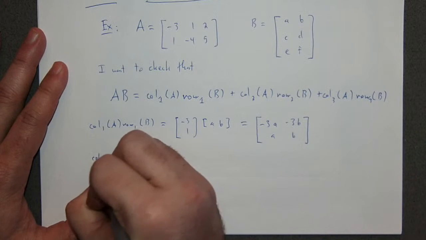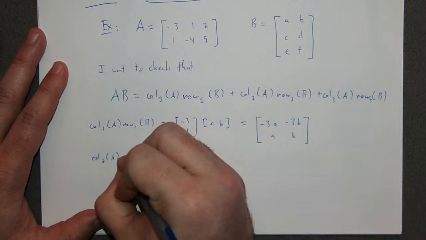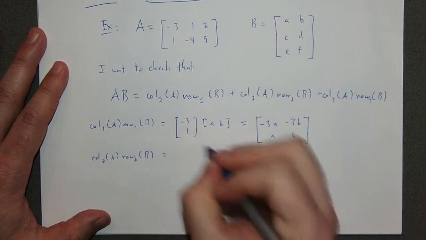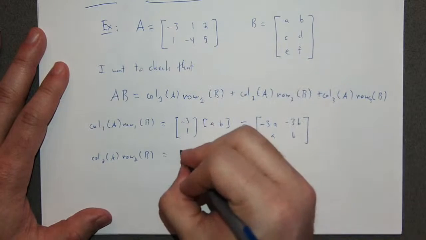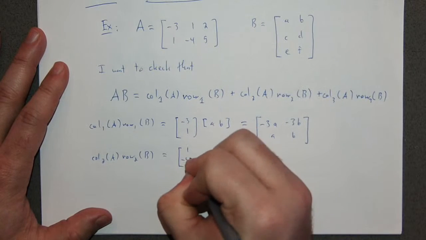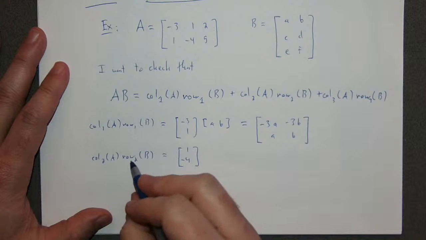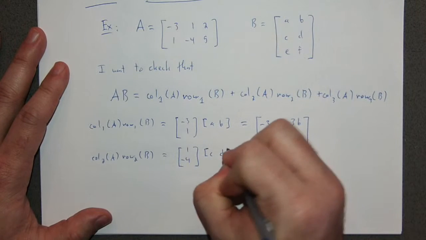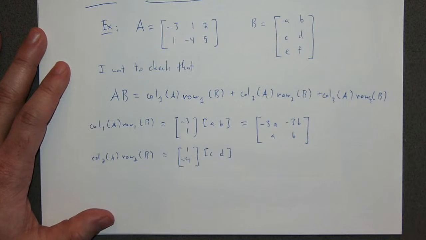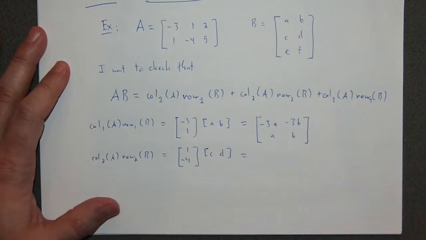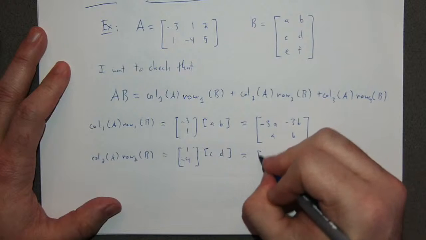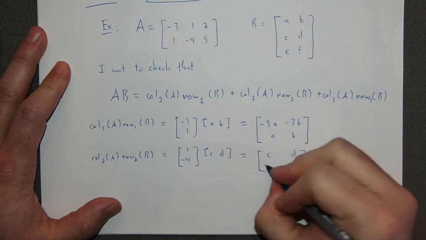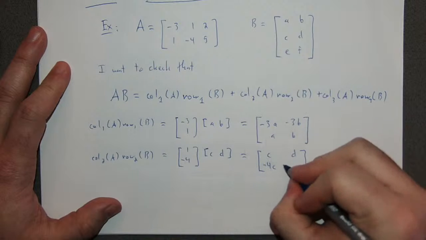What would column 2 of A times row 2 of B look like? So this would be the column 1, -4, times the row C, D. And so this would be C, D, and this would be minus 4C, minus 4D.